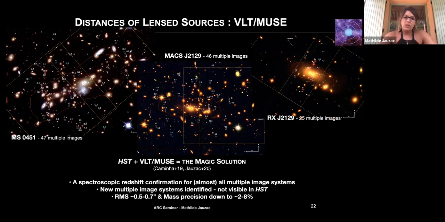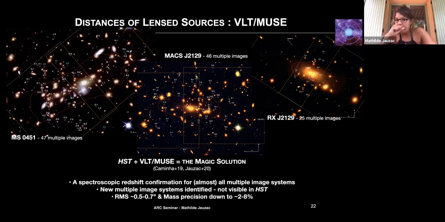So basically what we did in this analysis is that we used the HSC imaging plus the MUSE observations of those clusters to get extremely precise mass models, because we could confirm, first of all, multiplicity. We have these objects that have similar colors and similar morphology, but we don't have their distance. But thanks to spectroscopy, we can know that they're all multiple images of the same background source. And so we end up with mass precision down to a few percent.